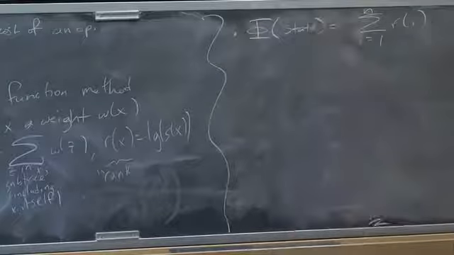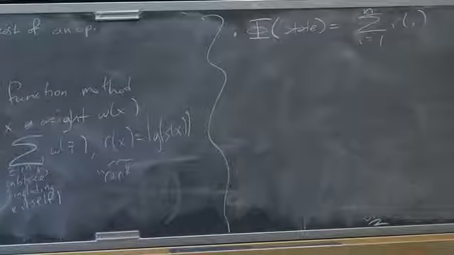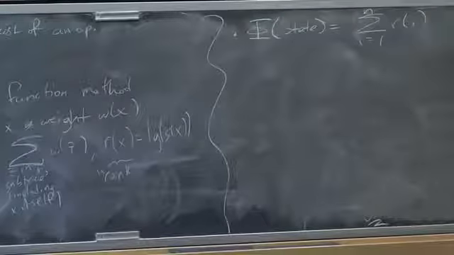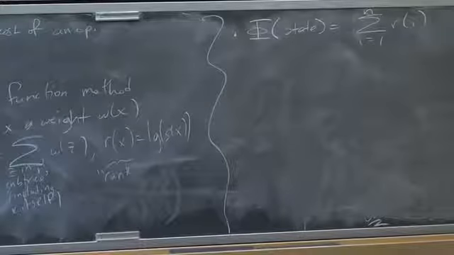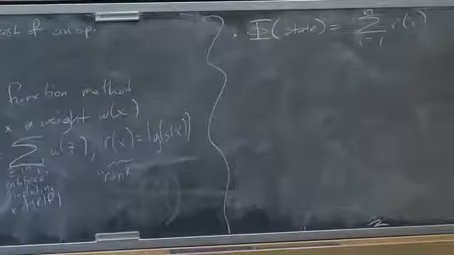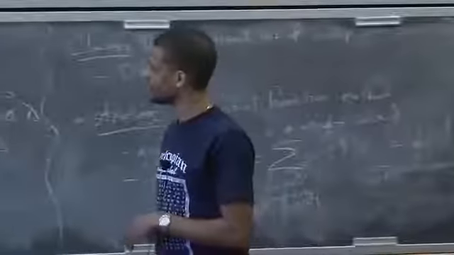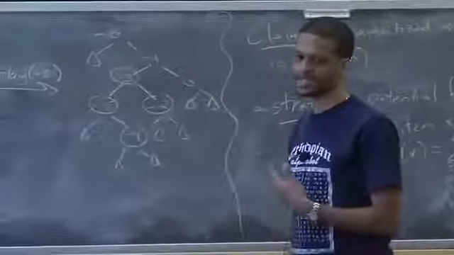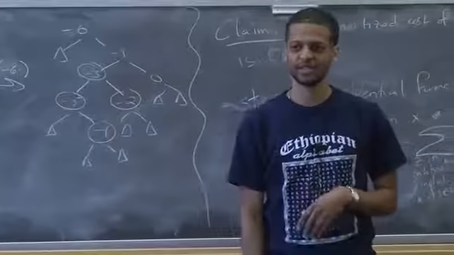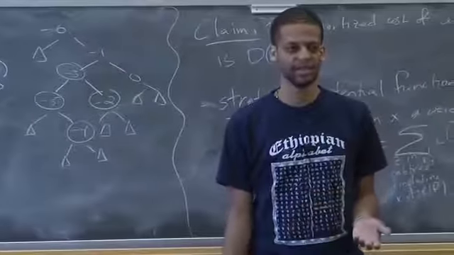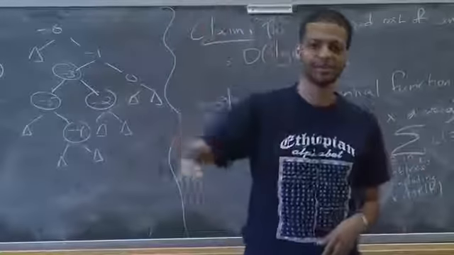So what we want to do now is bound. First of all, let's look at find. The cost of find is basically the cost of the splay operation, because we walk down and then we splay back up.